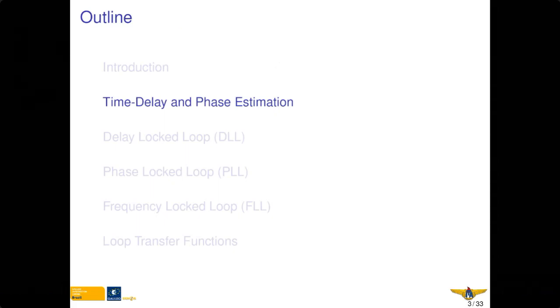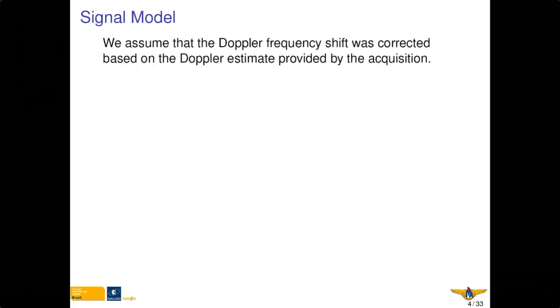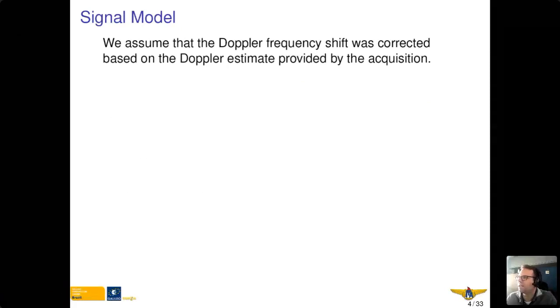And now let's have a look into time delay and phase estimation jointly. So we assume for the time being that the Doppler frequency shift was corrected based on the Doppler estimate provided by the acquisition. So we have multiplied the signal with e to the minus j2 pi nu t, and we have corrected the Doppler estimate here.